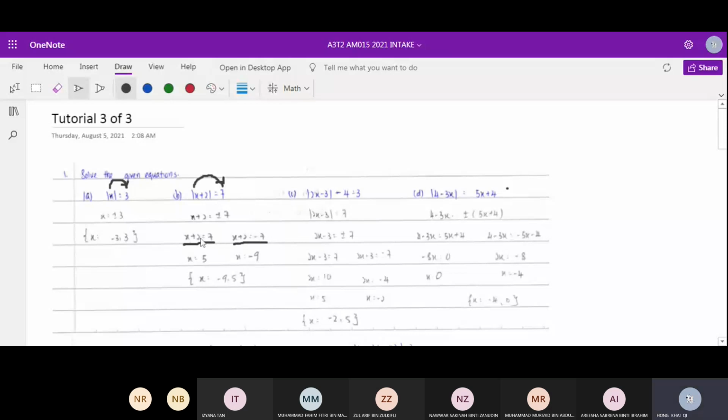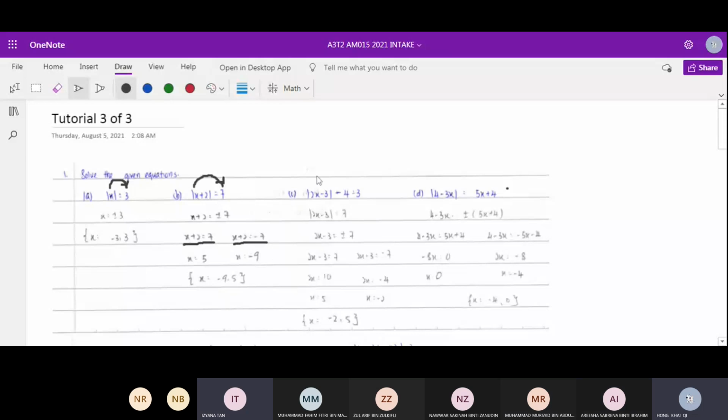You can solve it and you'll get x equal to negative 9 and positive 5. Understand?